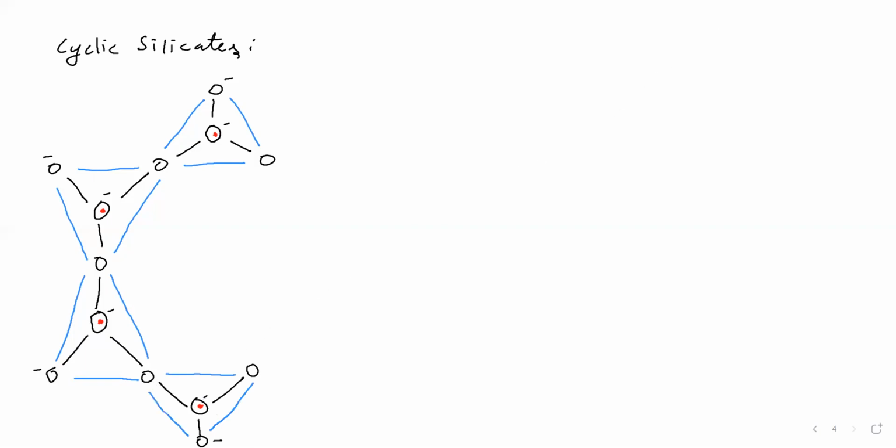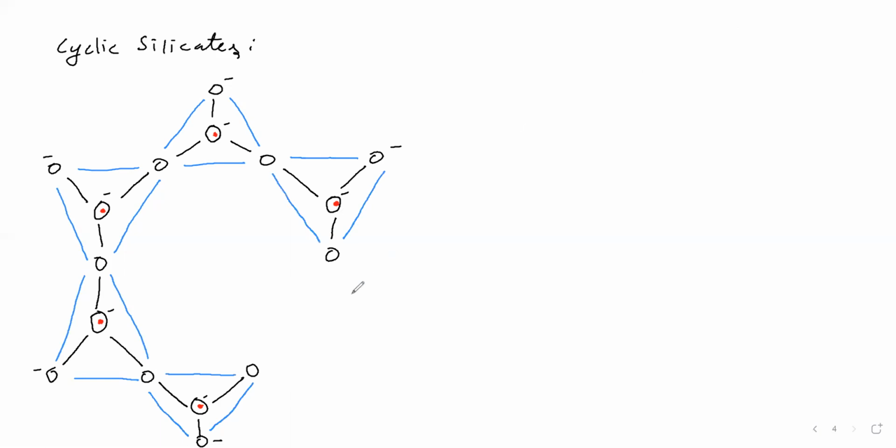Okay. Next we will see the next silicon atom. Then we will give O minus. Here O minus. Here O minus. Here O. Here one oxygen. This we are representing as one SiO4 unit.